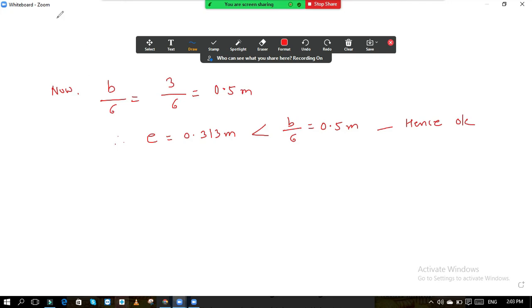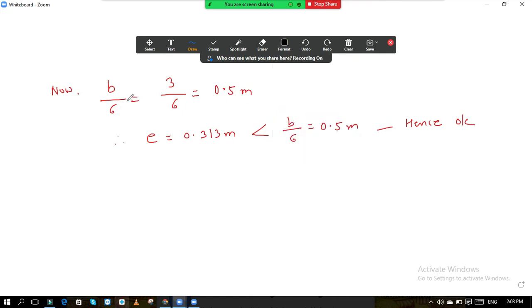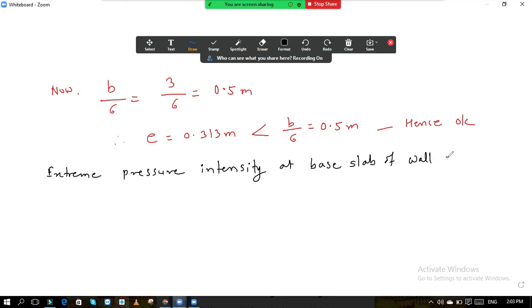So I will write over here: extreme pressure intensity at the base slab of the wall. What is the extreme pressure intensity sigma?